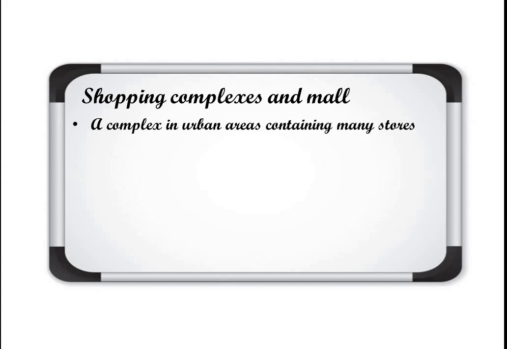A complex is in urban areas containing many stores or shops. It means a building in which different shops are present, or an area having different shops in a particular building in urban areas, that is a shopping complex.